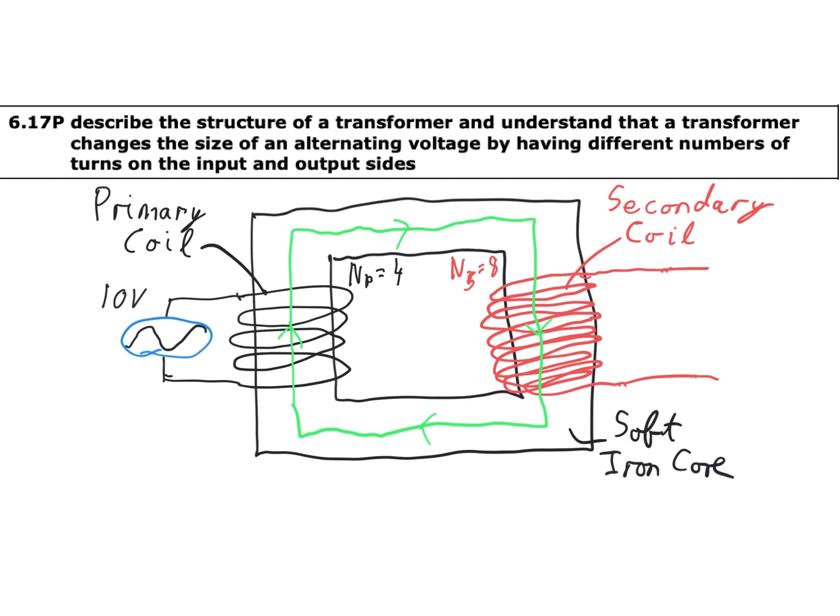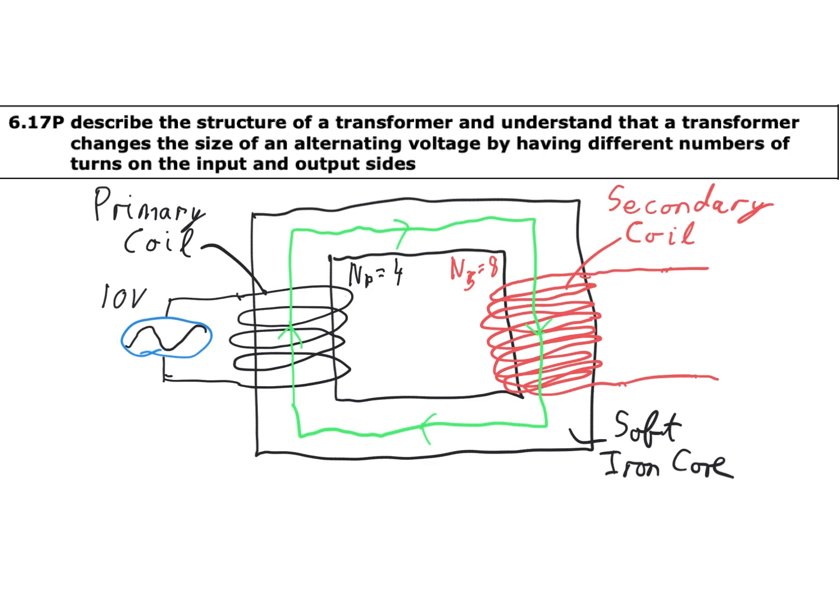So to recap, we have an AC current going through our primary coil. Therefore, when the current is going through the coil, we get a magnetic field created. Now that magnetic field is transferred through the iron core to the secondary coil. However, because it was an AC current, we've got a constantly changing magnetic field. And that constantly changing magnetic field is therefore transferred to the secondary coil.